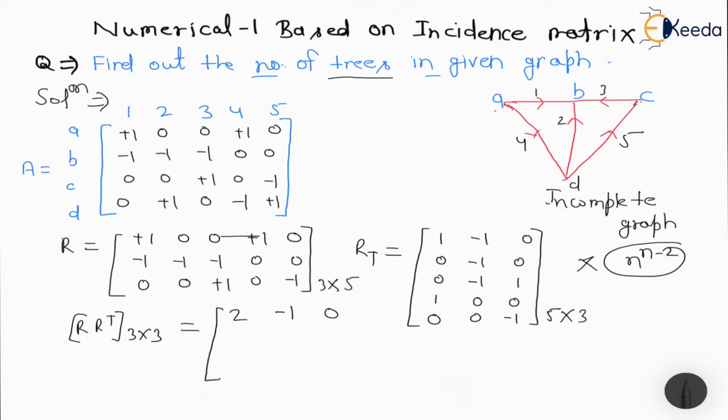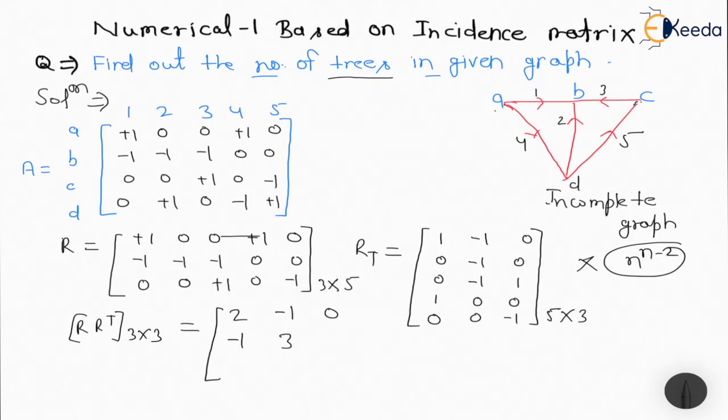Next, first row with third column: it will be 0. Then the second row with the first column: it will be minus 1. Then we multiply the second row with the second column: minus 1, minus 1, minus 1, so it is 3.